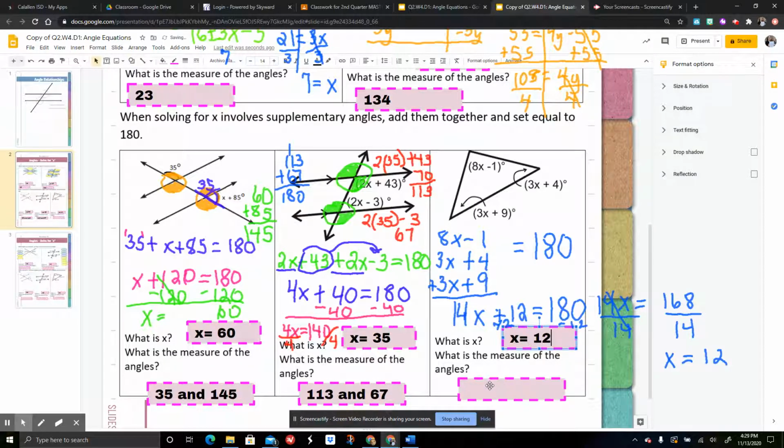And then I've got to find the measure of my angles. So what I'm going to do is take my 12 and plug it into each one. The first one would be 8 times 12 minus 1, which is 95. The next one would be 3 times 12 plus 4. 3 times 12 is 36, plus 4 is 40.